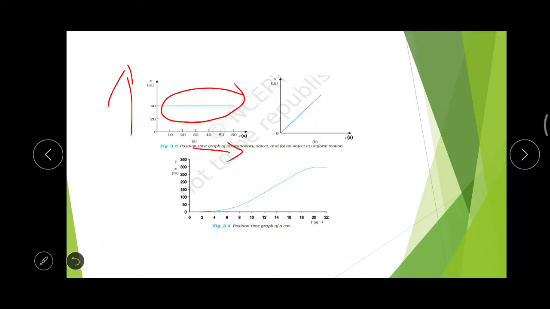Now let us come to the body in uniform motion. There also, the x-t graph has x on the y-axis and t on the x-axis.